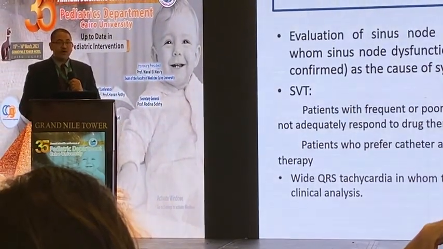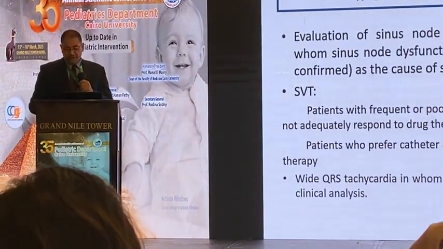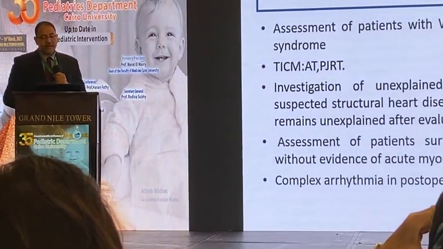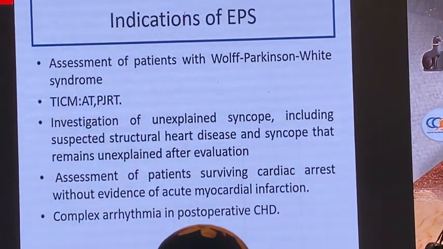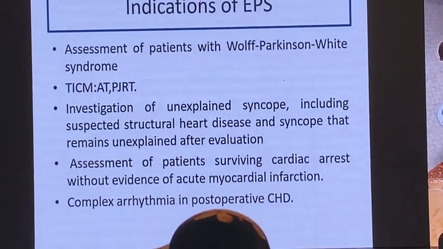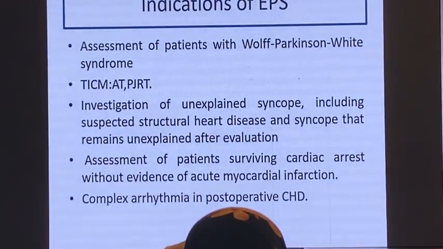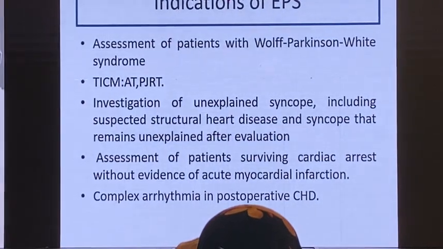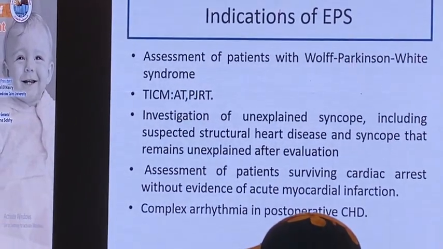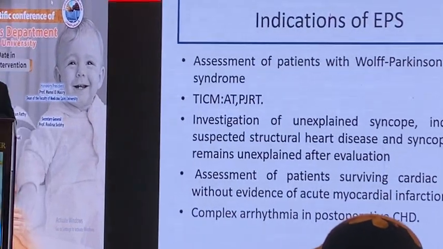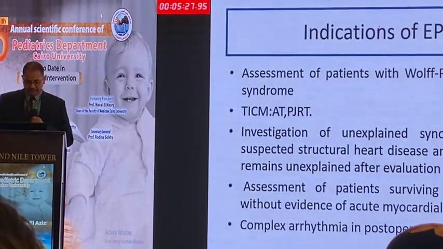Patients presenting with a wide QRS tachycardia for proper diagnosis. Assessment of patients with WPW, because those patients have a risk of sudden cardiac death. Also in patients with tachycardia-induced cardiomyopathy, like ectopic atrial tachycardia. And also in the investigation of cases with unexplained sudden cardiac death.